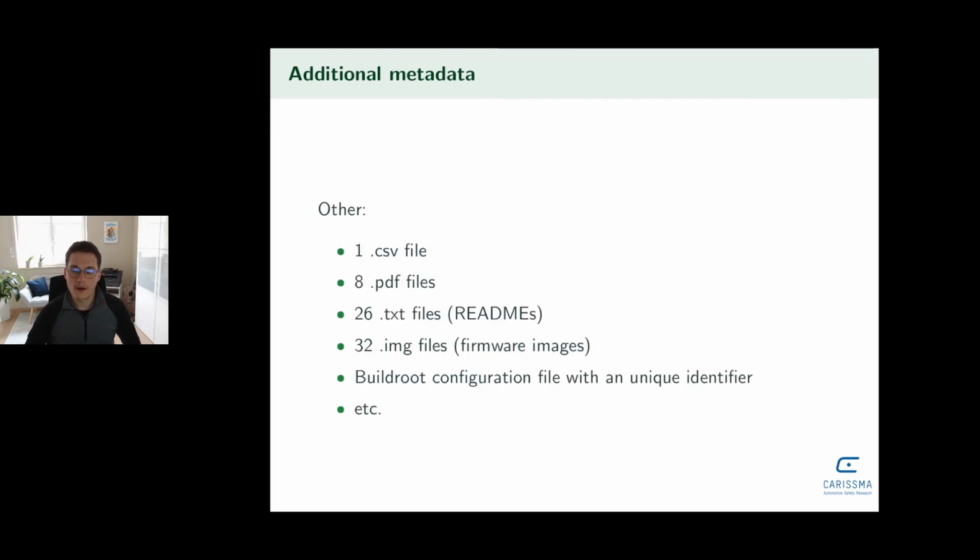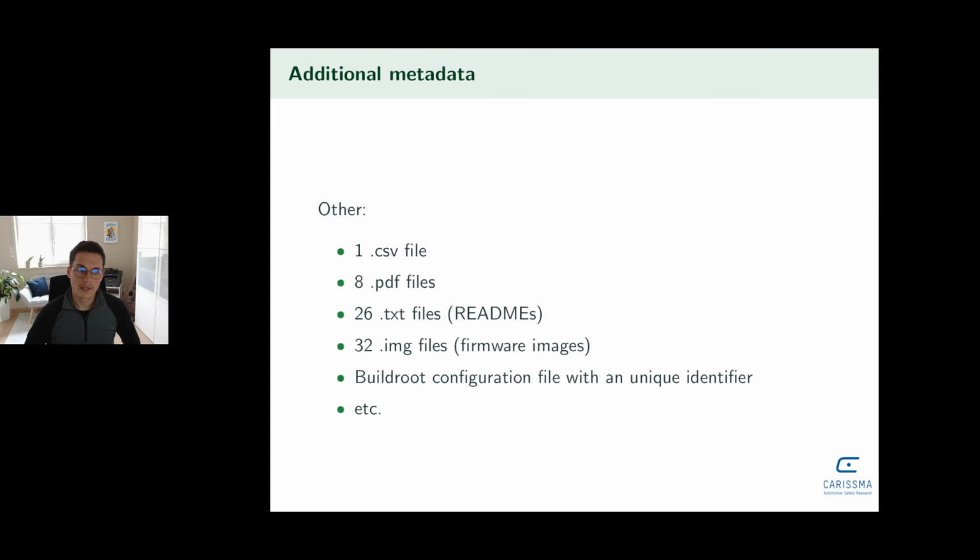Some additional metadata we identified is, for example, one CSV file, multiple PDF files, which are usually documentation files, 26 TXT files, most of the time READMEs, and 32 image files, which were pretty interesting because those are the firmware images for the different services like the Autopilot itself or Hermes, which is used to communicate with the backend. And we also identified the Buildroot configuration with a unique identifier here.